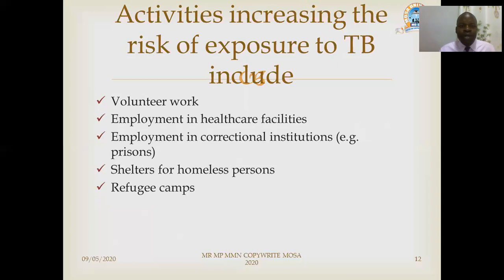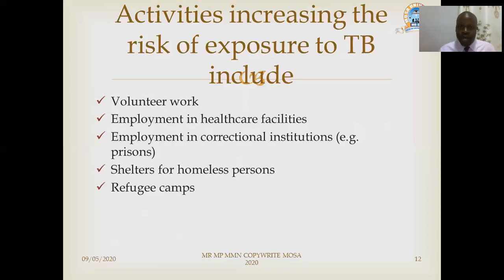If you look at these activities, all these are areas which are so congested. So in congested areas, the rate at which we expose ourselves to airborne conditions such as TB is quite high.